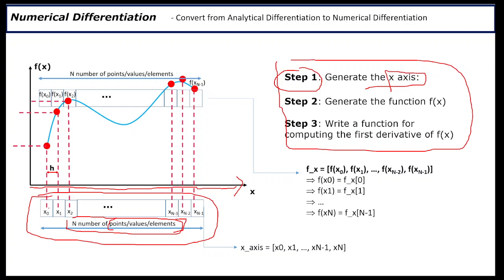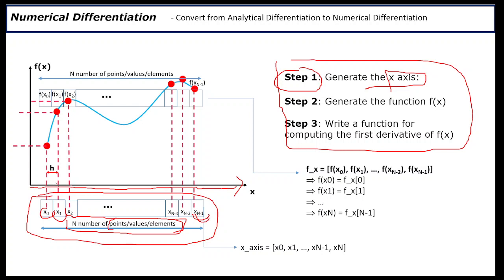So our x-axis is represented by n discrete points, x0, x1, x2, and because we have n points, the endpoint will be x at n minus 1.